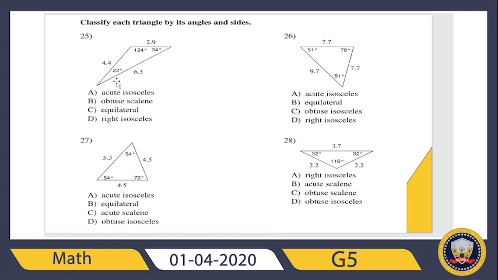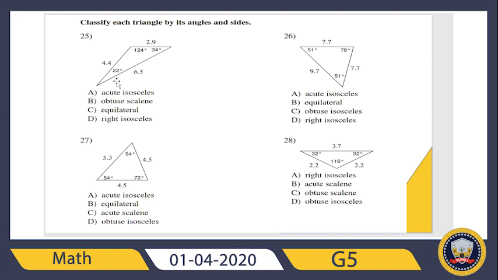So now all the side lengths are different. Do you remember? Is it an equilateral triangle or an isosceles triangle or a scalene triangle? We said that the equilateral triangle is a triangle where all sides are equal in their length.